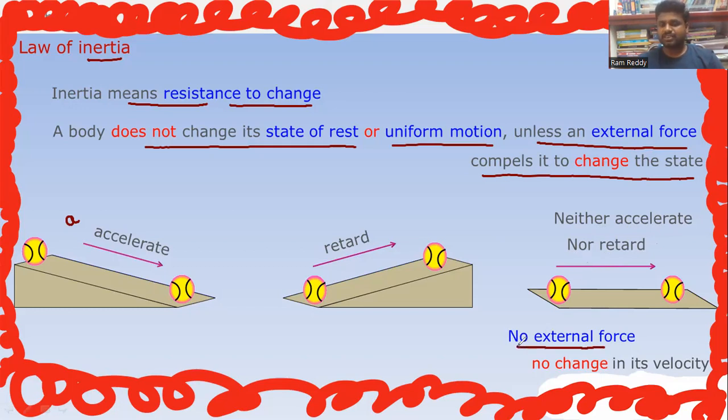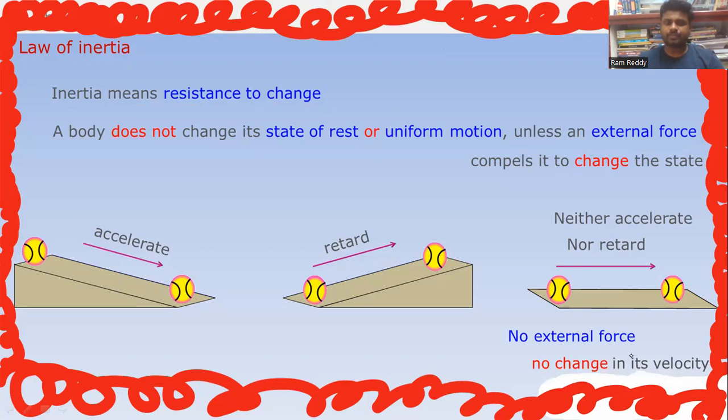So there is no external force, then there is no change in its velocity. Previously we discussed the car example, the same example here. What we can conclude mainly from these examples is that if there is no external force, there is no change in its velocity. Okay, so that we observe.